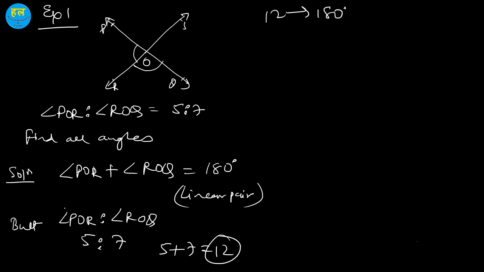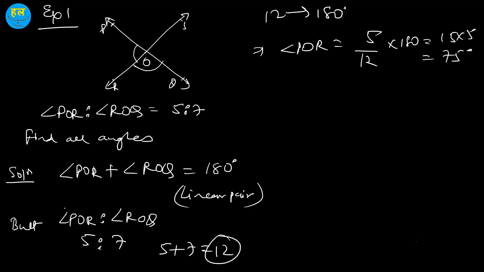We have to find the part. Therefore, angle POR will be 5 upon 12 into 180 degrees. This will be 15 into 5. This will be 75 degrees.